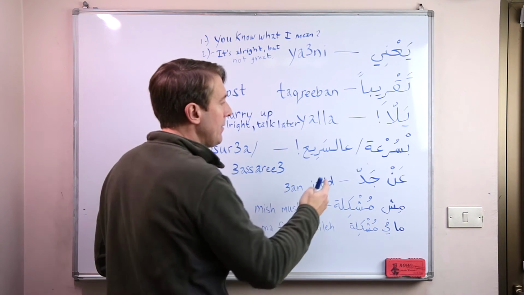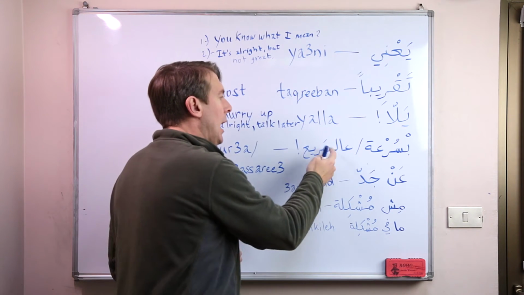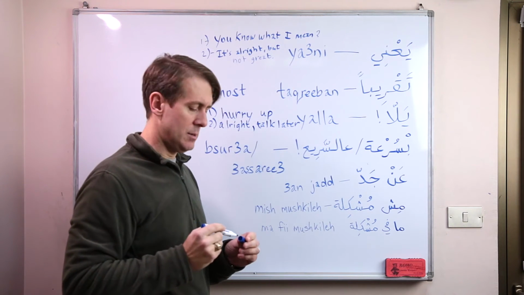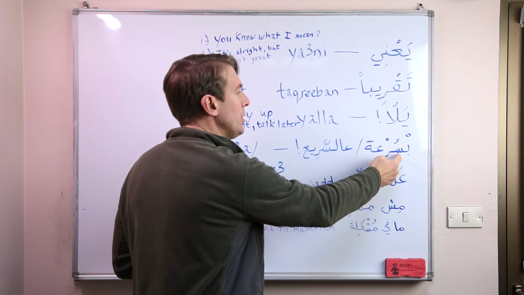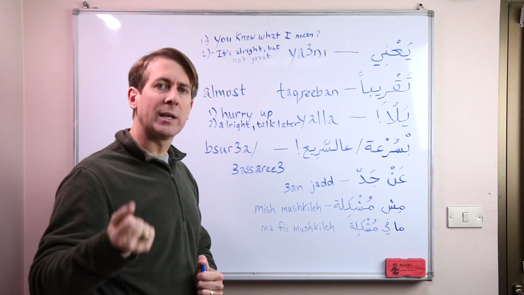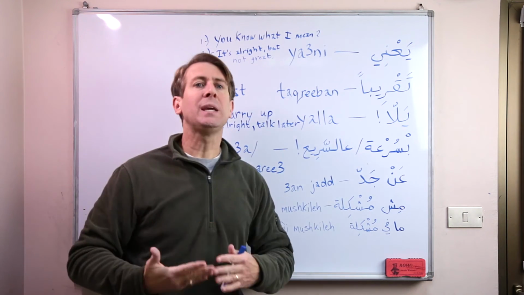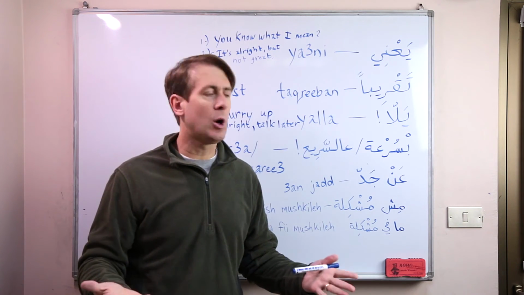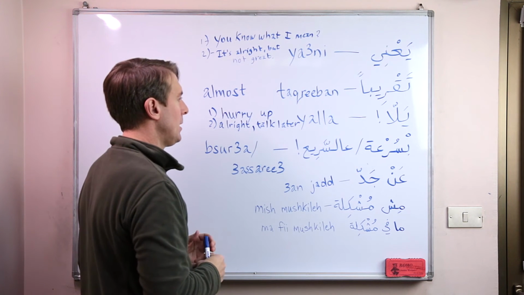The same meaning, but another way of saying it is as-sari', with a shadda there. Now these are from the same root, sin, ra, ain, which means speed, quickness. So, sur'a means with speed, literally, but what it really means is hurry up. Hurry. Sur'a. As-sari'.